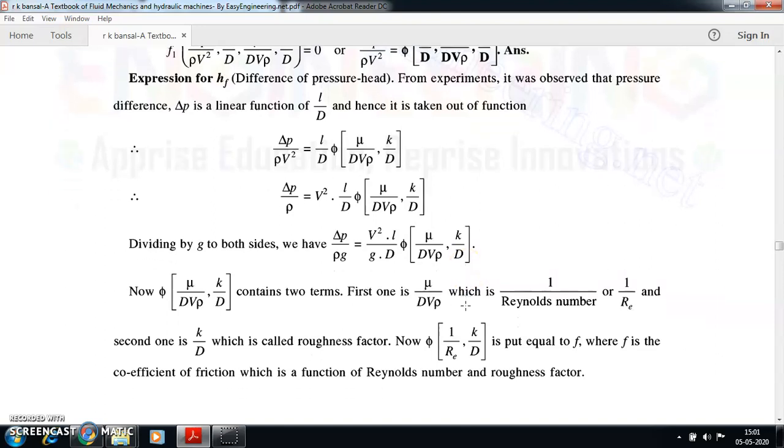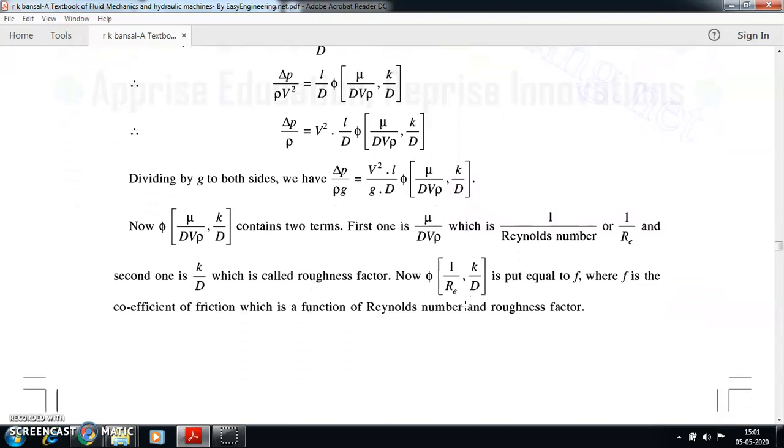We have defined the Reynolds number in one of the chapters, and if you can recollect, the Reynolds number is rho V d divided by mu, the dynamic viscosity. So mu divided by rho V d we can write as 1 divided by the Reynolds number.